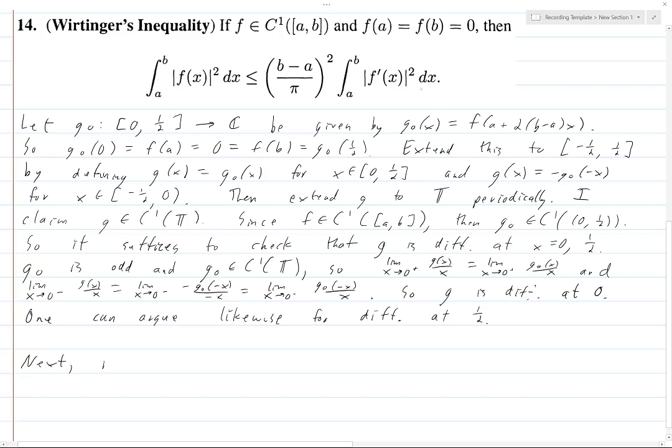Next, note that g hat of 0 equals 0 since g is odd. If you look at the integral that defines the Fourier transform of g, it's an integral over an interval centered at 0, and so by oddness it'll work out to be 0.